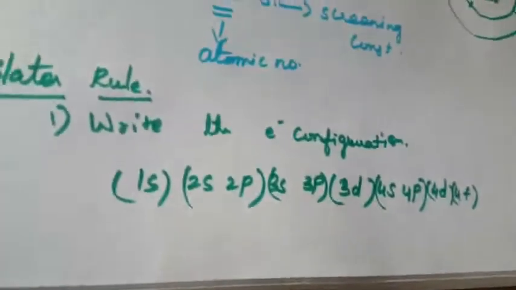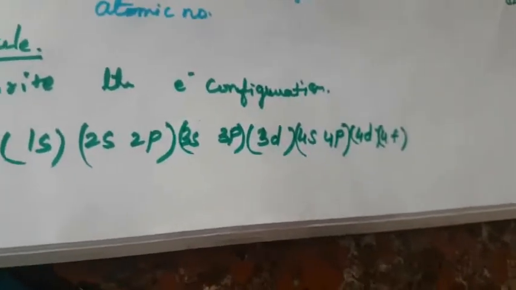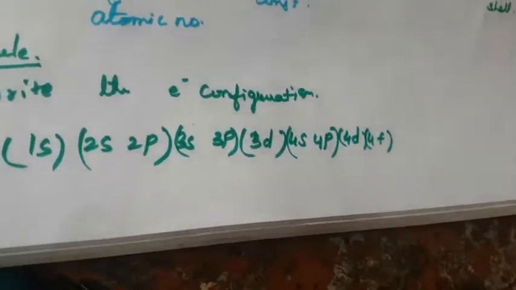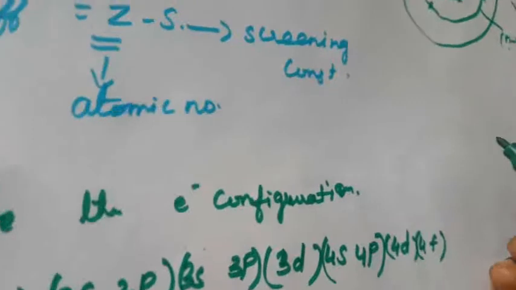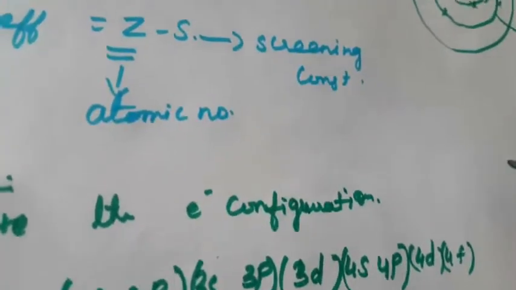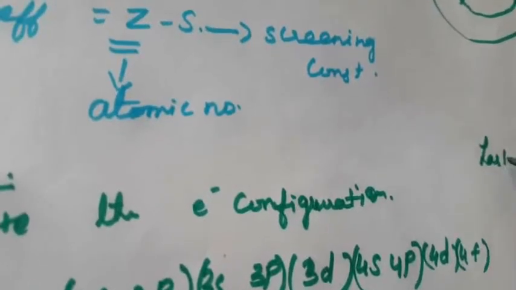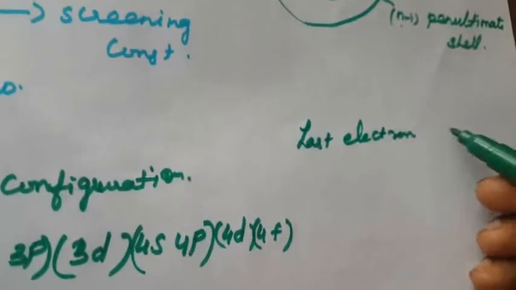After that, identify the group in which the electron of interest is present, which one is going to experience the effective nuclear charge. Suppose the electrons are grouped, the last electron is denoted by N.